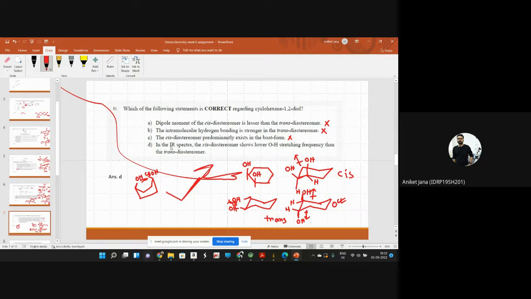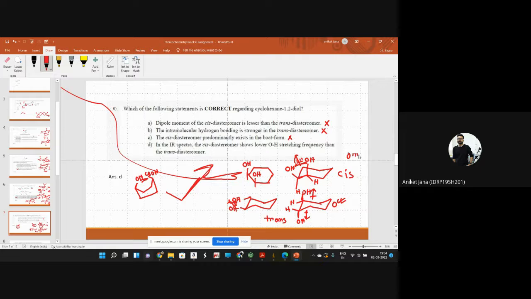But in case of option D, in the IR spectra, the cis diastereomer shows a lower OH stretching frequency than the trans isomer. In the cis isomer, the OH groups are closer to each other, so there is a possibility of hydrogen bonding between the two hydroxyl groups.